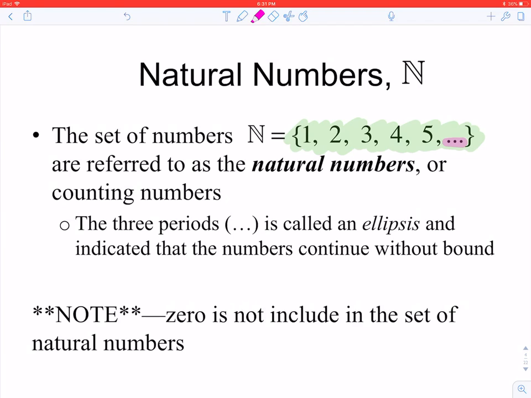So 1, 2, 3, 4, 5, 6, 7, 8, and so on. The ellipsis means that there are going to be infinitely many elements that belong to this set. There's no way that I could ever write down all of the natural numbers. And just a special note that 0 is not included in the set of natural numbers.